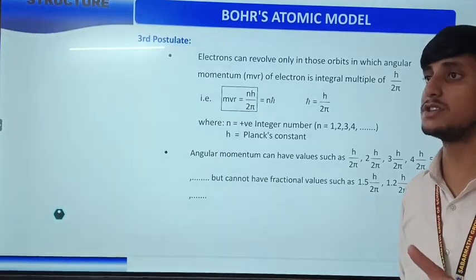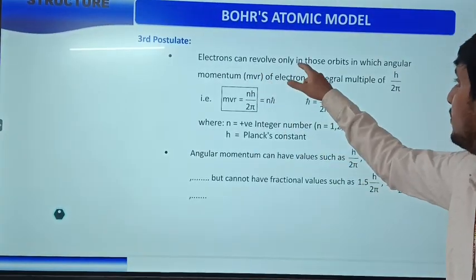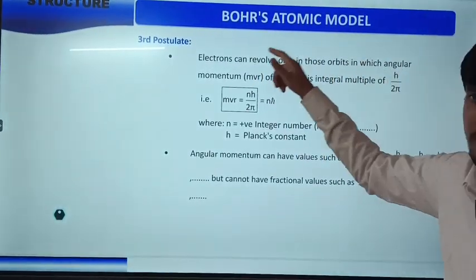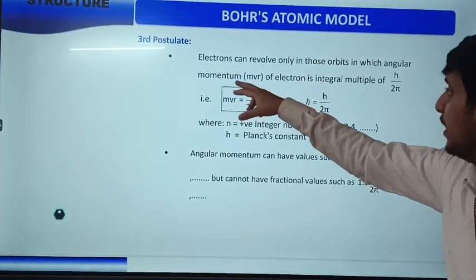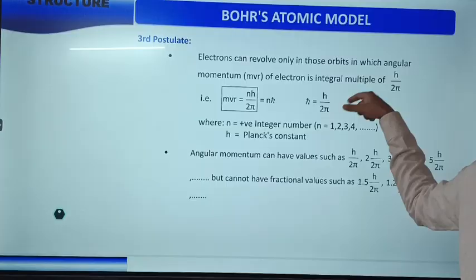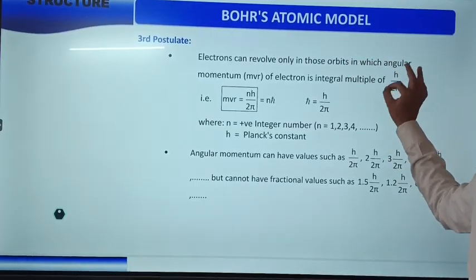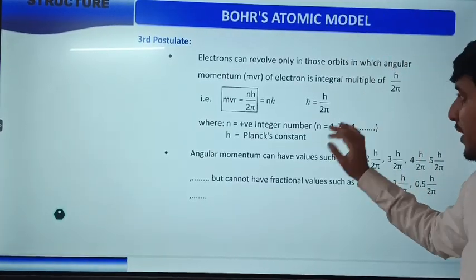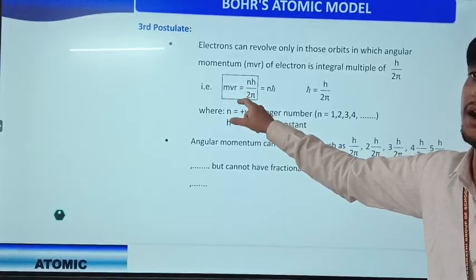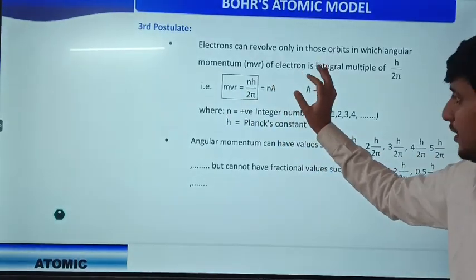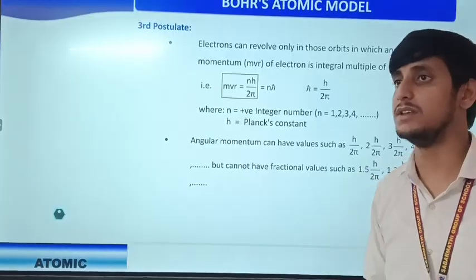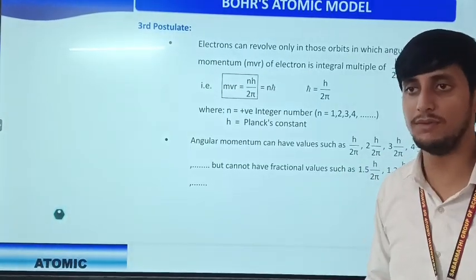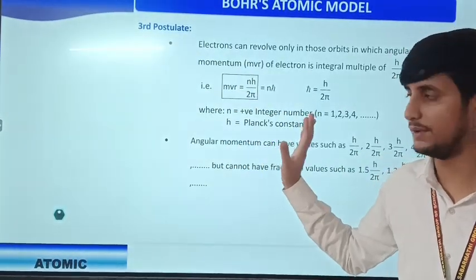Third postulate. Bohr said electrons revolve only in those orbits which have angular momentum equal to nh upon 2 pi. Means angular momentum is an integral multiple of h upon 2 pi. That is m v r equal to nh upon 2 pi, where n is the orbit number.